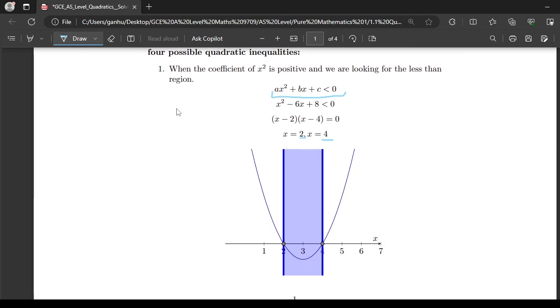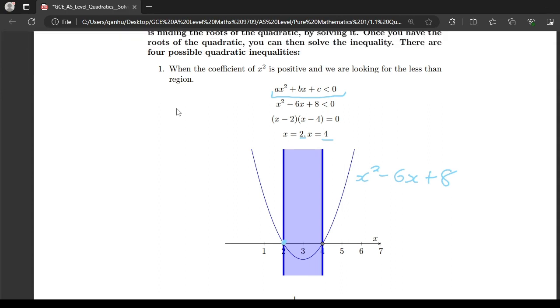Once you do that, sketch a diagram of the quadratic. That's the graph of x squared minus 6x plus 8. Then label the roots. This root is 2 and this root is 4. Since we want the region that's less than 0, we're looking for the region where the curve of the quadratic is below the x-axis.